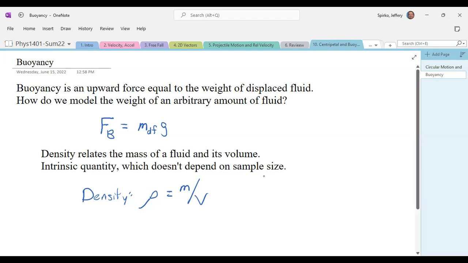So that means that for any object, the mass is equal to the density times the volume. And that's what we're going to use for the force of buoyancy. We're going to plug that in up here and put in the density of the fluid times the volume displaced times g.